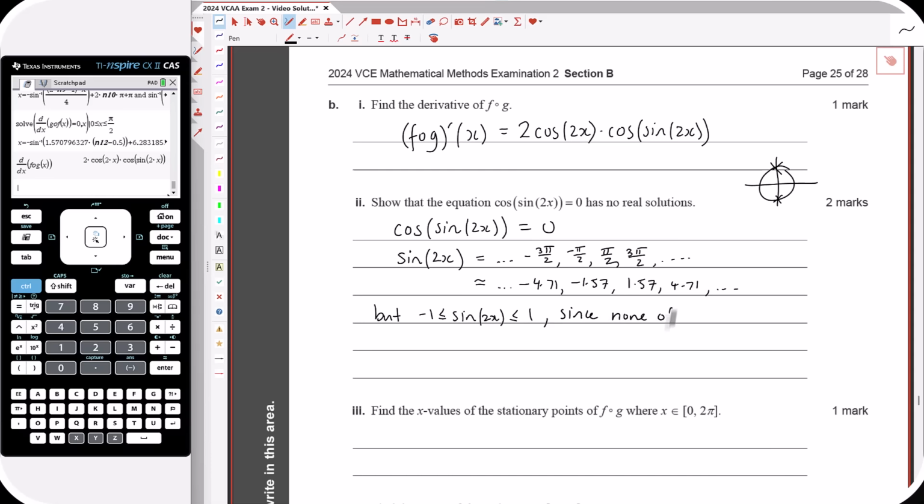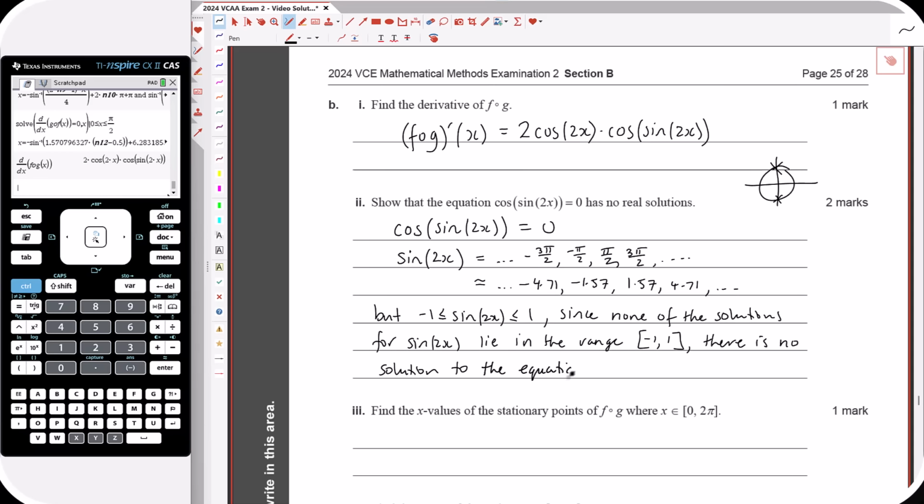Since none of the solutions for sine 2x lie in the range -1 to 1, there is no solution to the equation.